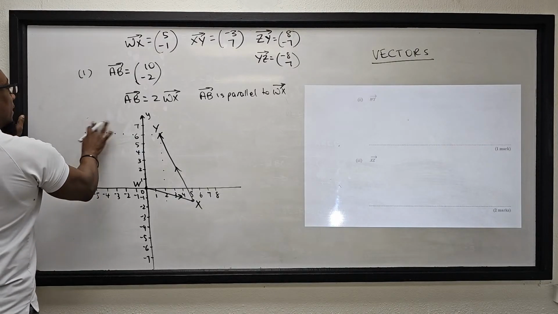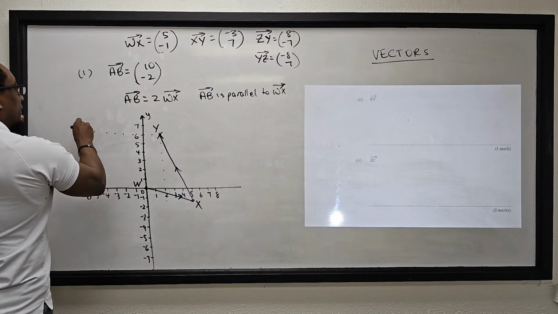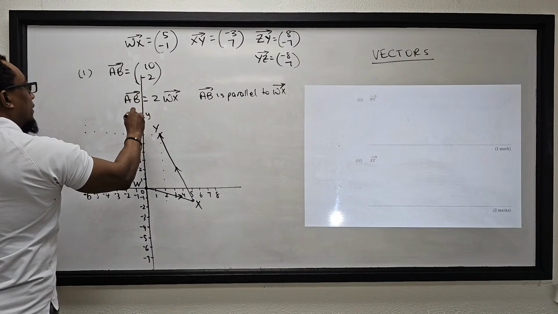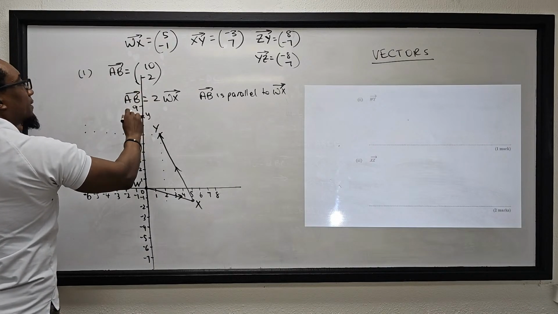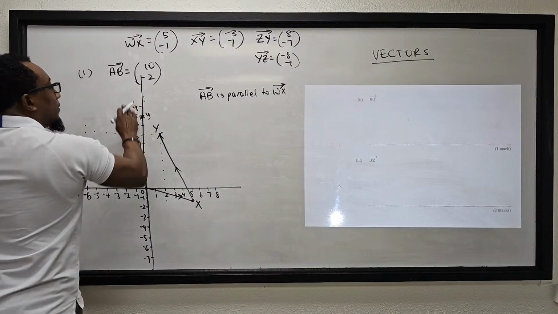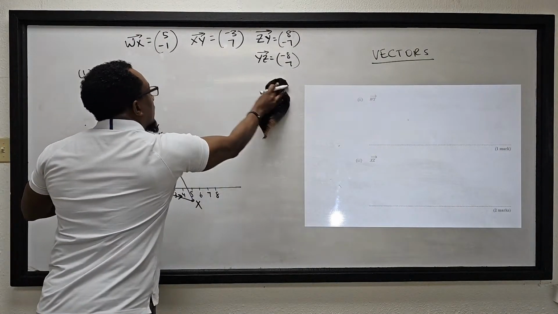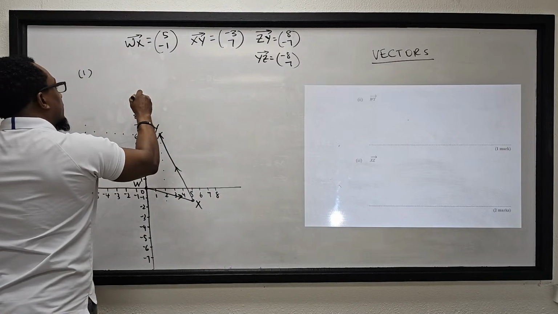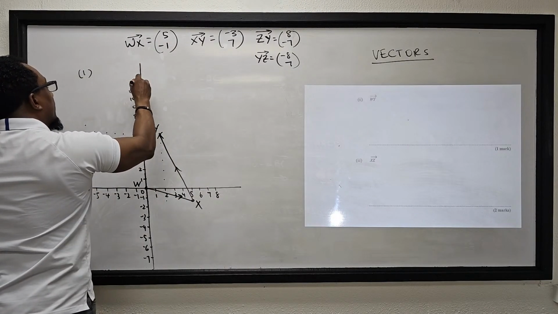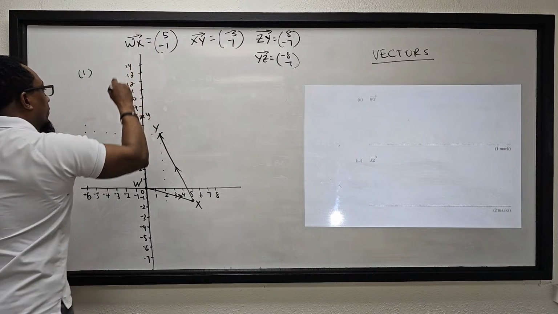And positive 7, moving 7 upwards. 9, 10, 11, 12, 13, 14.